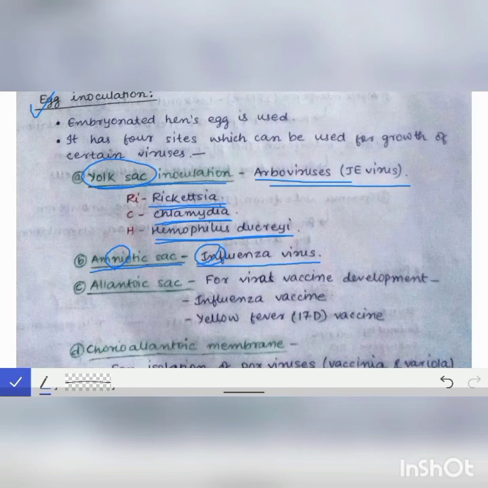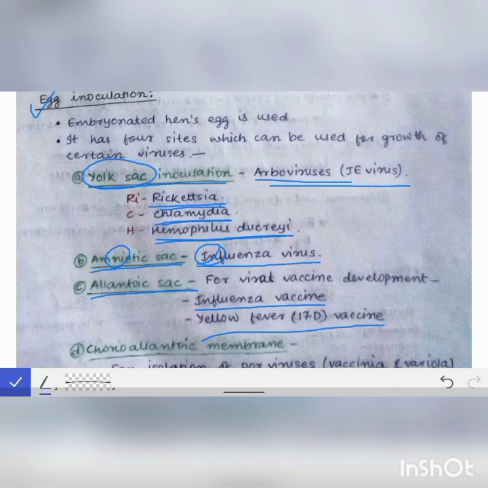Next comes the allantoic sac. Since it is a larger sac, it is not used just for the growth of viruses. Rather, it is more commonly used for viral vaccine development. The two most commonly developed vaccines in the allantoic sac are the influenza vaccine and the yellow fever 17D vaccine.